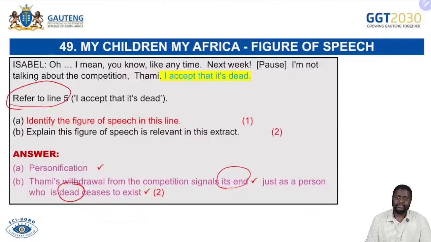It has ended. It has died. That is why it has been personified. So you say personification and you explain why it is personification. Because Isabel gives the competition human attributes or human characteristics, human qualities, the ability to die.